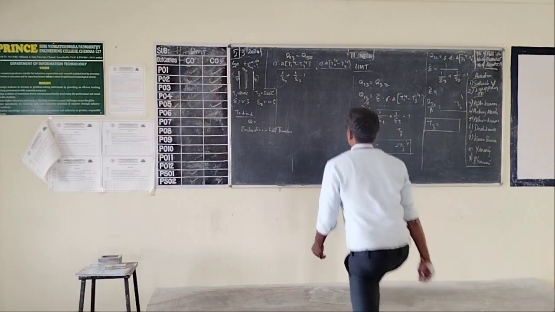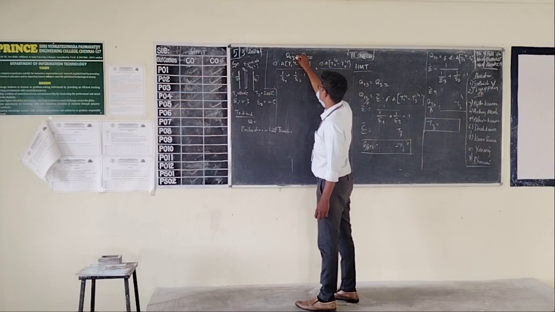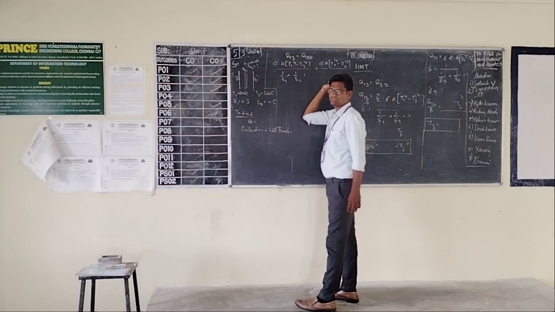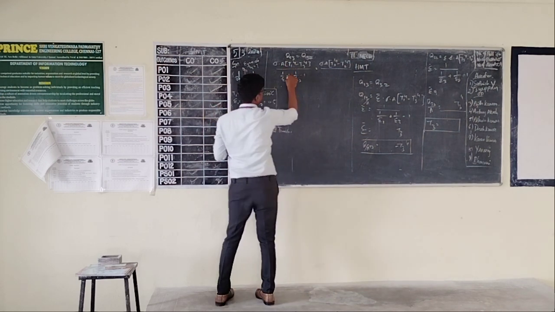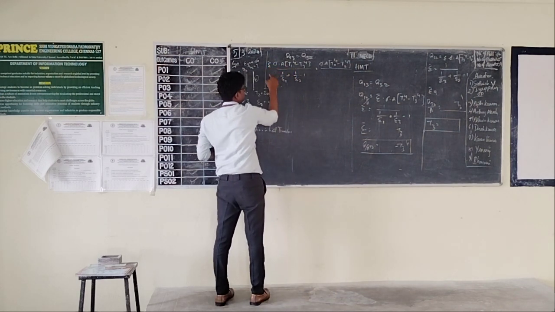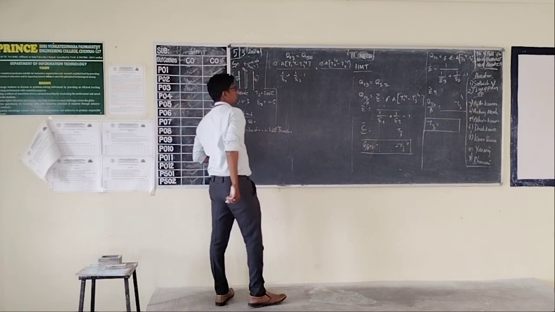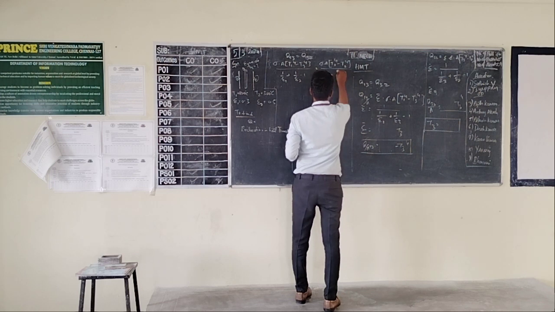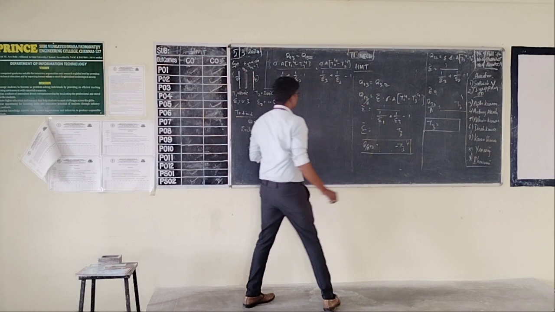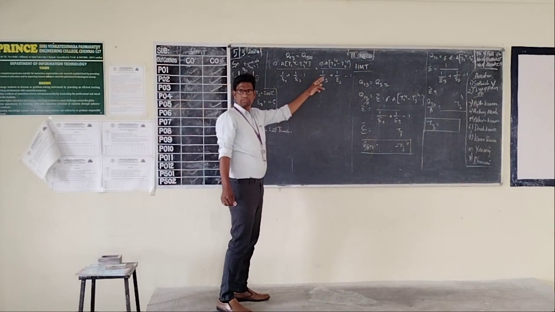We know that the heat transfer from 1 to 3 equals that from 3 to 2. So I am writing the equation like this. The epsilon value is determined like that, so it comes in the denominator. We know the values, so substitute in the denominator and you get the values.